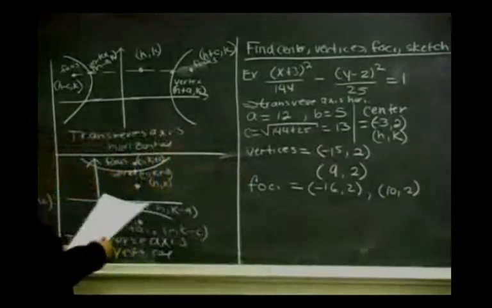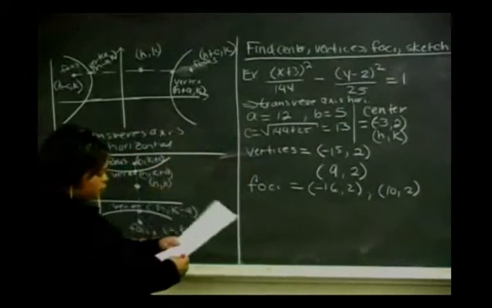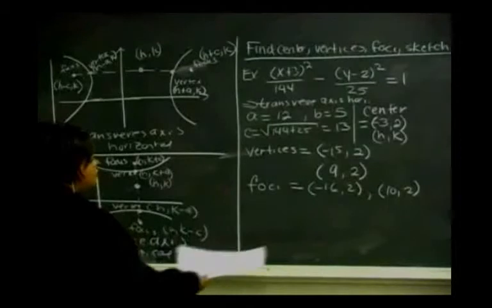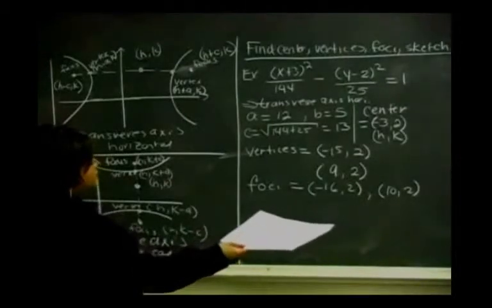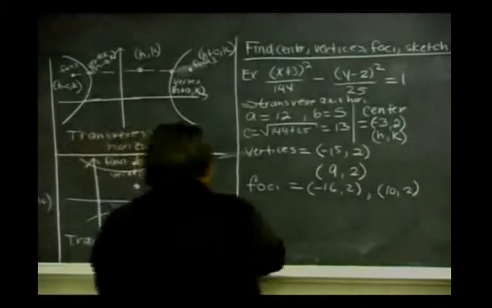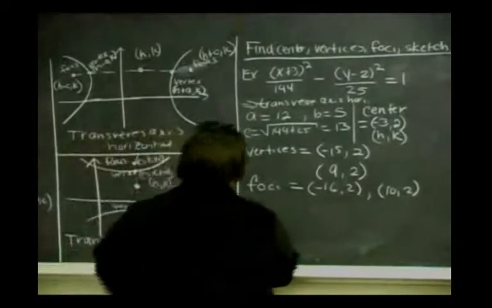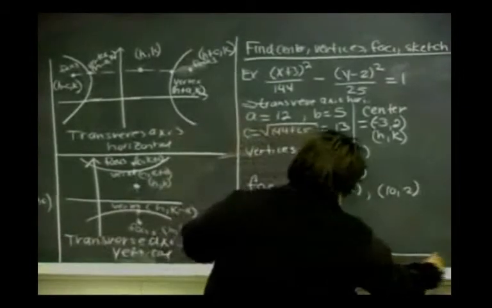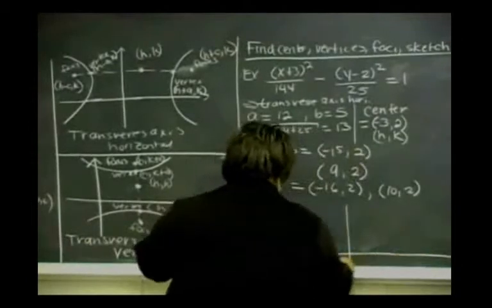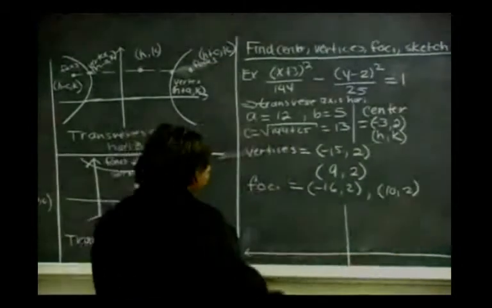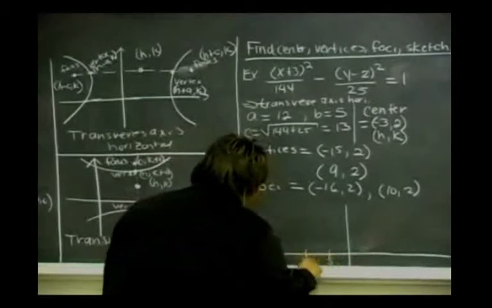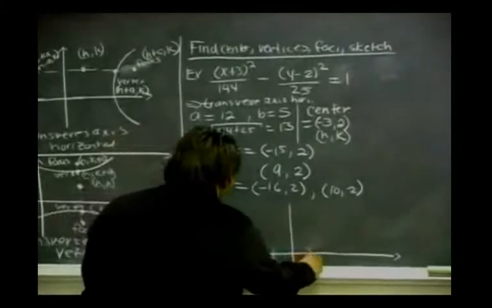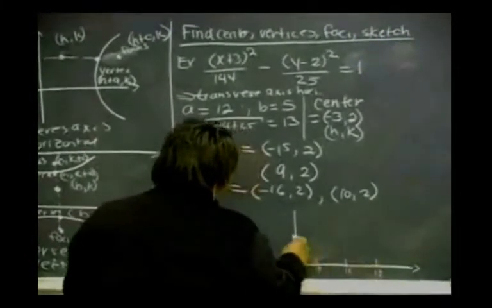Okay? And then it says to sketch. So I need to at least go out negative 16 on the X to 10, and then up to 2. So let's see if we can sketch this. We'll do 5, negative 5, negative 10, negative 15, negative 20, then 5, 10, 15.